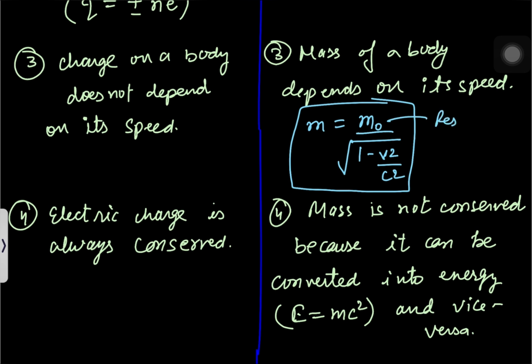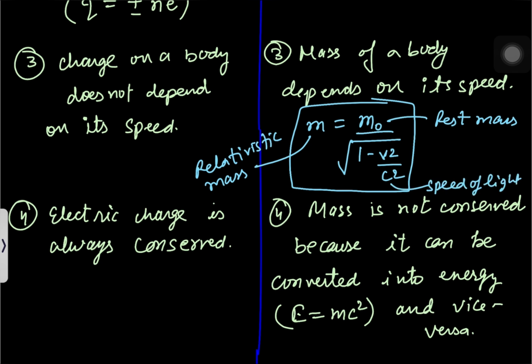Here m naught is the rest mass and m refers to the relativistic mass. c is the speed of light and v is the velocity or the speed of the mass.